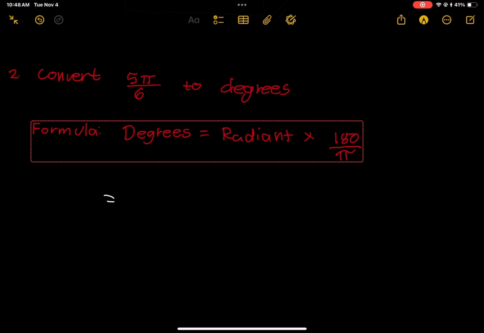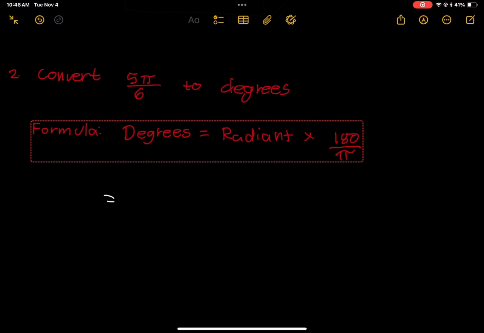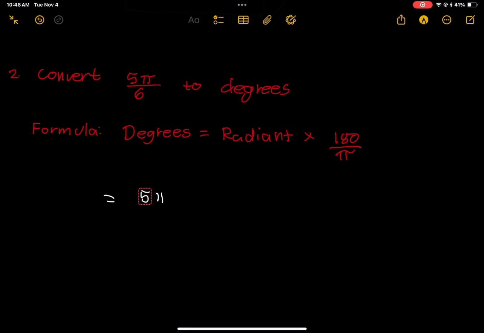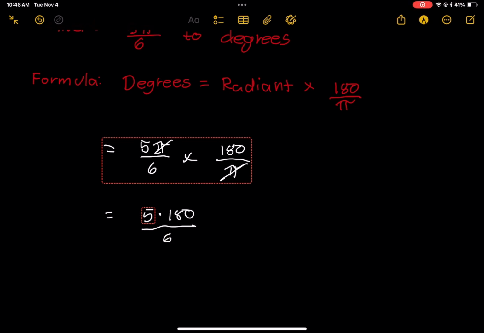Deriving it, we will have degrees is equal to 5 pi over 6 multiplied by 180 over pi. We could cancel out the pi's, and we will have 180 multiplied by 5 over 6.